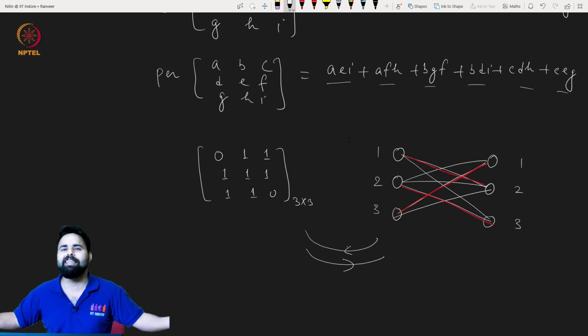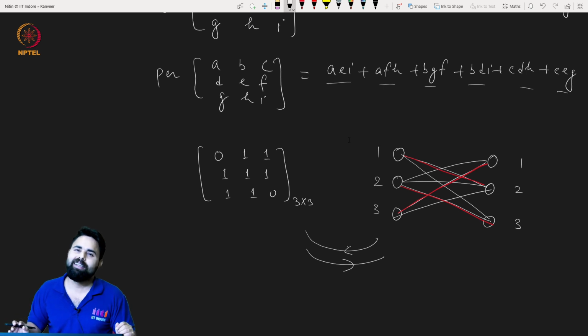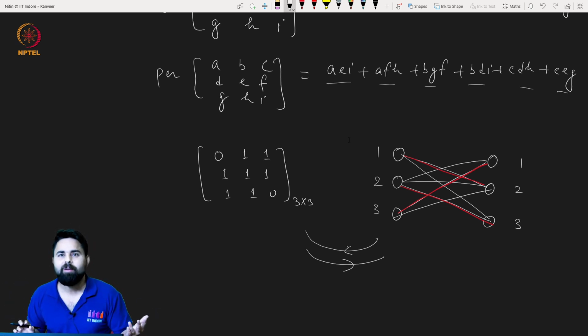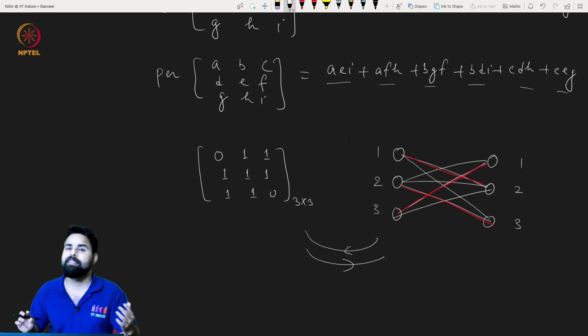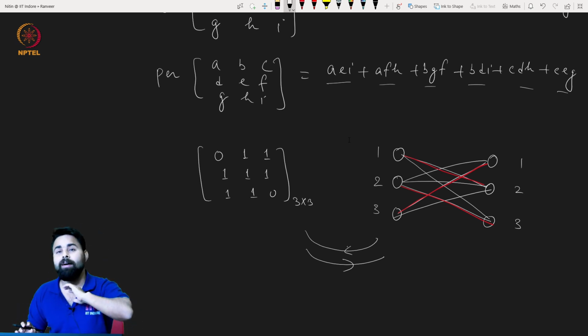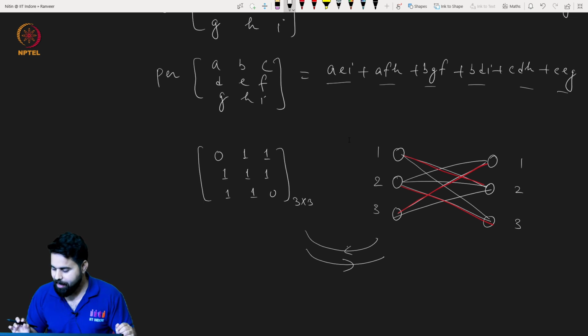But the reality is quite different. The permanent is something called a Sharp-P complete problem, whereas the determinant can be solved in polynomial time. You can find the number of spanning trees in polynomial time, but finding the number of perfect matchings even in bipartite graphs is very challenging. It's again a Sharp-P complete problem.